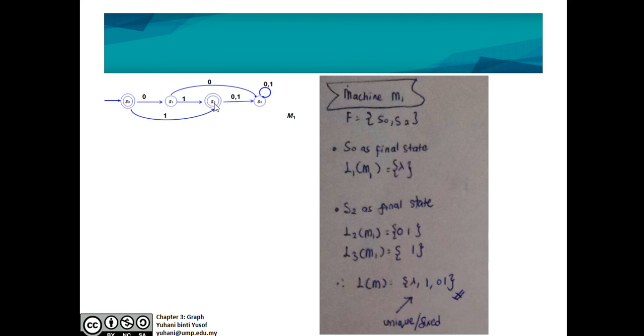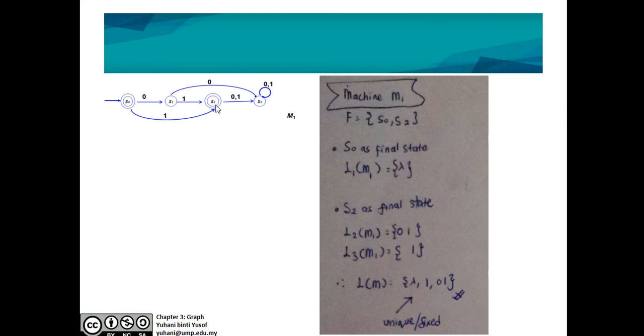You see that the one that goes to S2 is either, the first one, empty set 0 1, so the empty set is nothing, so 0 1, or maybe it can just go directly with 1, so you have 0 1, or 1.